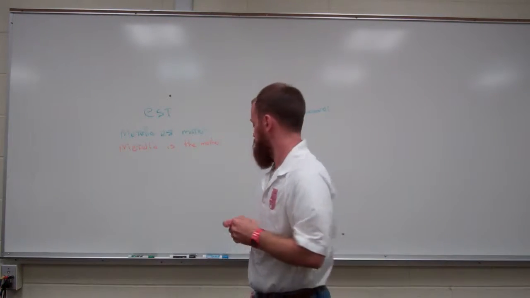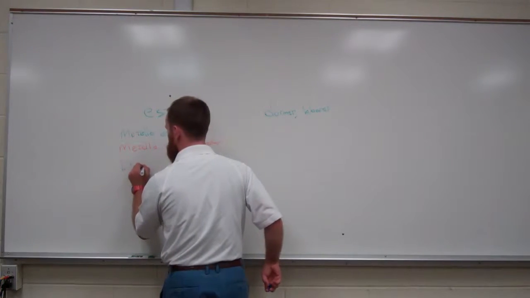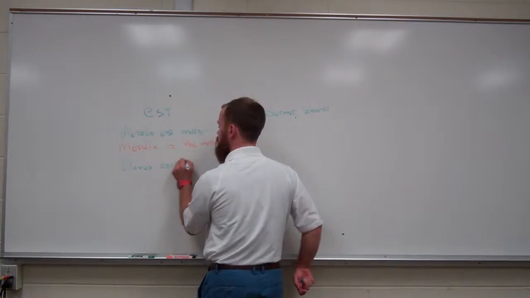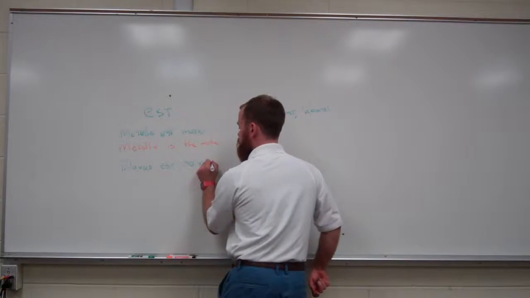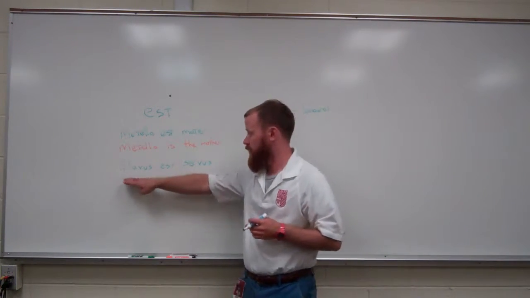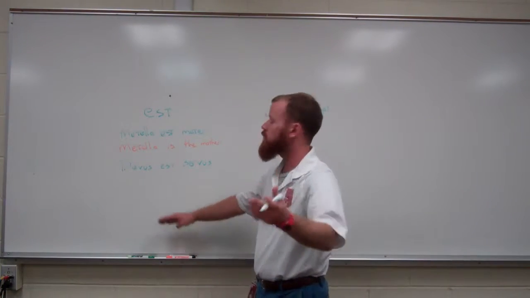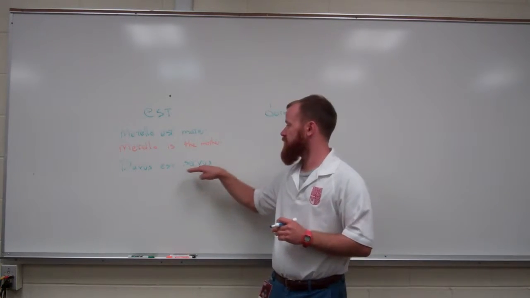You could have a sentence like this: Davus est servus. And if you were to translate this, knowing that Davus is a name, it would translate as, exactly, Davus is the slave.